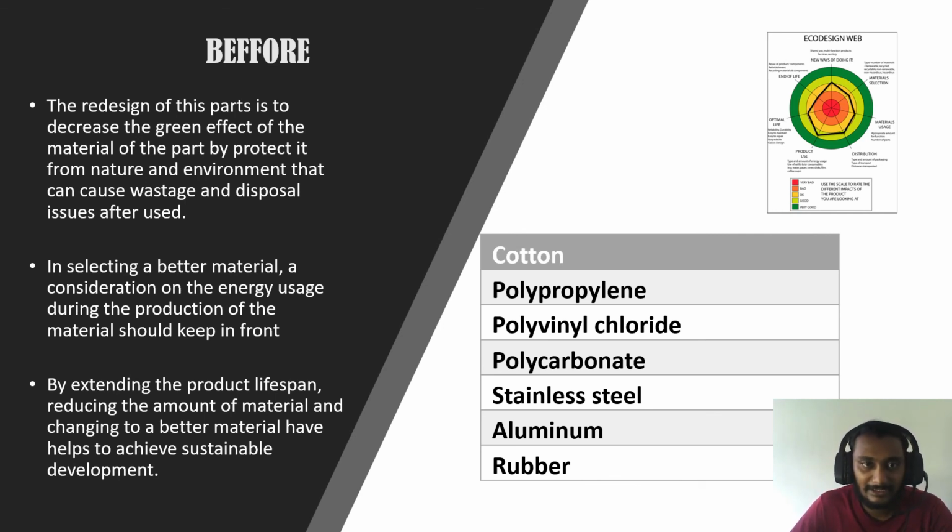In selecting a better material, the consideration of the energy usage during the production of the material should be kept in mind. Extending the product lifespan, reducing the amount of material and changing to better material helps to achieve sustainable development. So the polyurethane and polyethylene are replaced by polypropylene and polyvinyl chloride, which are thermoplastic materials more compatible with the recycling process.